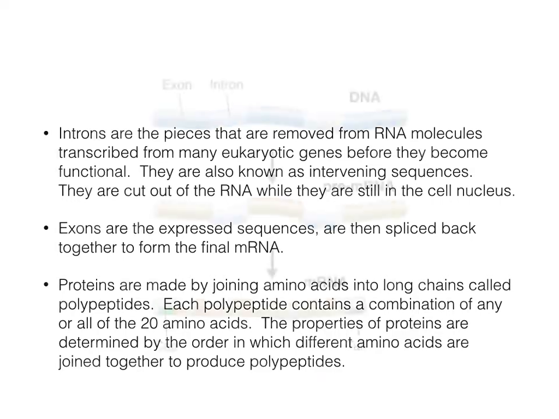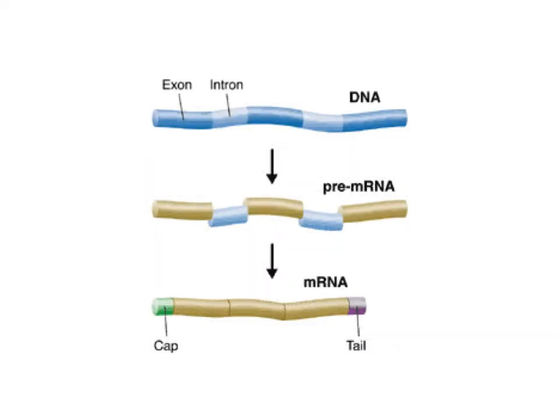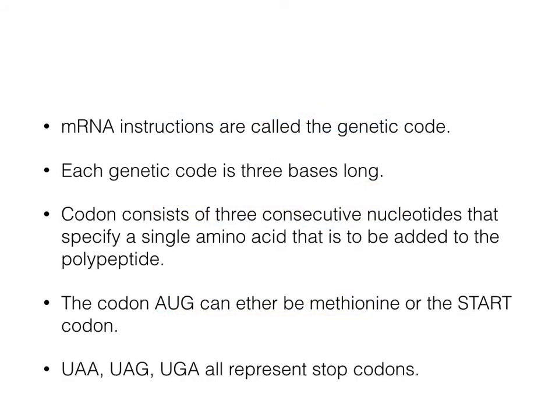So let's first take a look at this. This is the DNA in blue. The pre-mRNA contains the introns, which are still in blue, and the mRNA is once you've removed those introns. Now, mRNA instructions are called the genetic code.